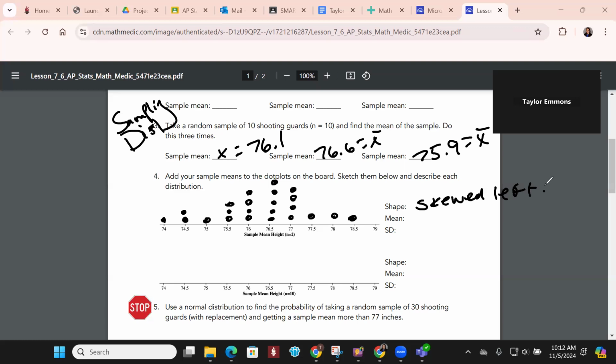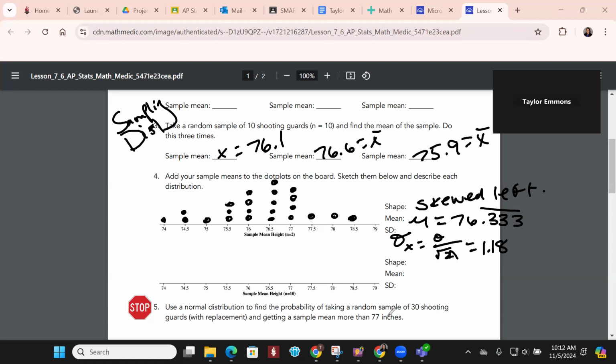And if we added up all these dots and divided by how many dots there were, our mean would get us 76.33, which is what we got at the beginning. And our standard deviation is found by taking our sigma and dividing by the square root of n. So n was 2, and that's going to give us 1.18.